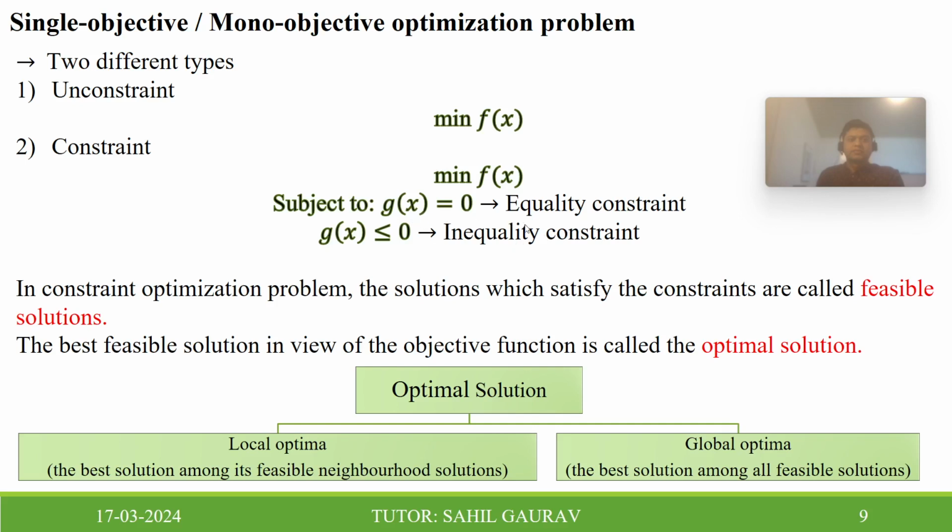It is simple from the term itself: for equality constraints, these are equal to 0, otherwise it is greater than or less than or equal to 0, which means it is an inequality constraint.